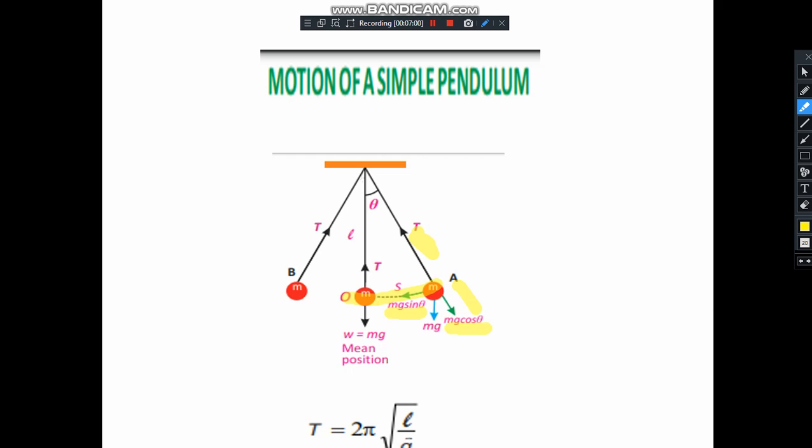At the mean position, the ball has the highest kinetic energy and highest motion, but at the extreme positions A and B, it reduces to zero. This ball repeats its motion about a fixed point, also termed simple harmonic motion.